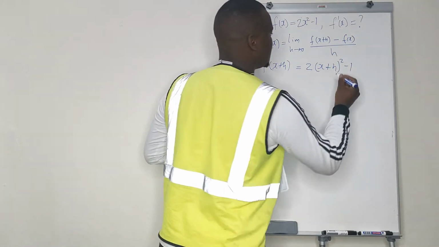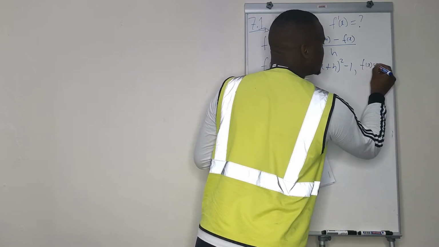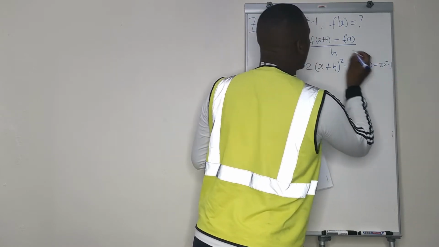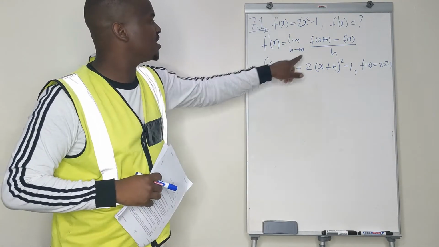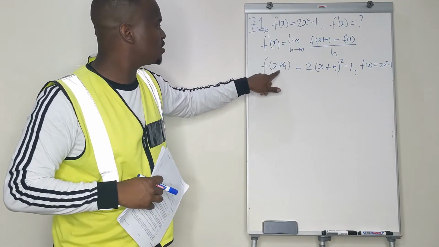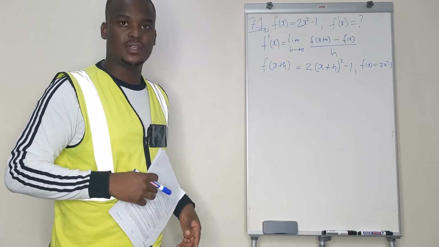And then the second part is f of x, which is equal to 2x squared minus 1, which is what we have there already. So when you see your x value in your function, you put x plus h, which is what we did.